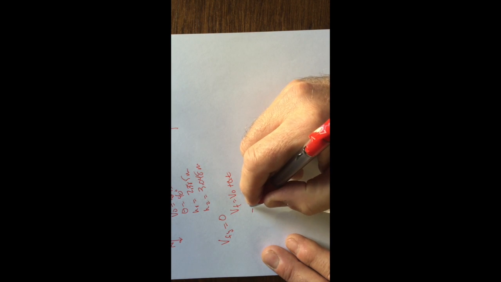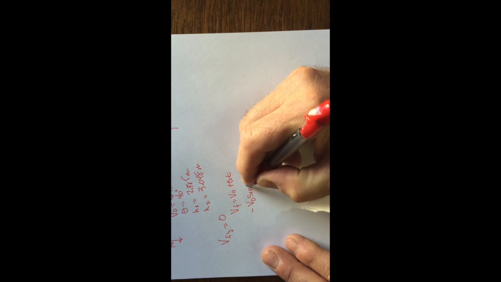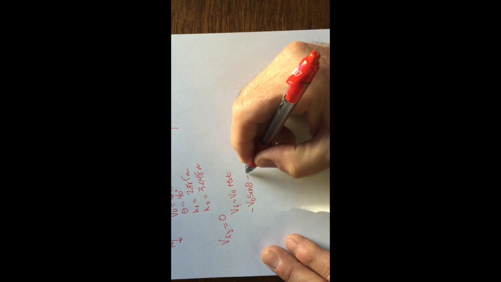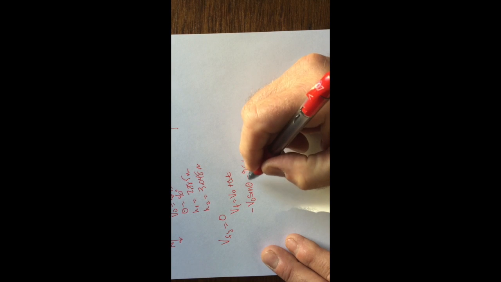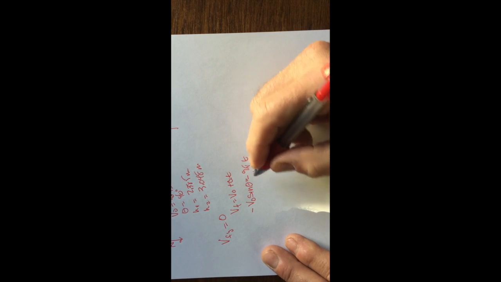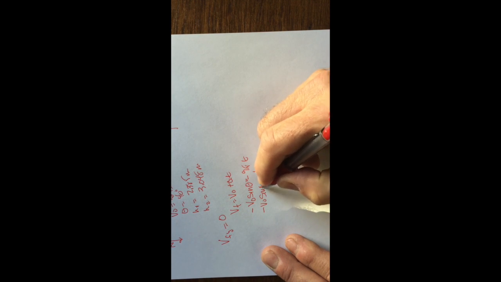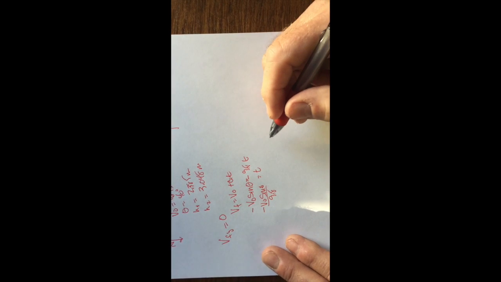I'll get negative, and I've got to use my sine component because I'm doing this in the vertical right here: minus 9.8 t equals minus 9.8 t. So the time to get to max height is going to be whatever yours is, v naught sine theta over 9.8. Don't forget to use 9.8 for this.